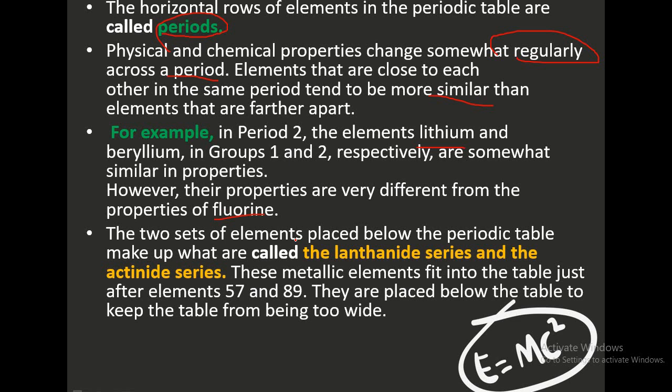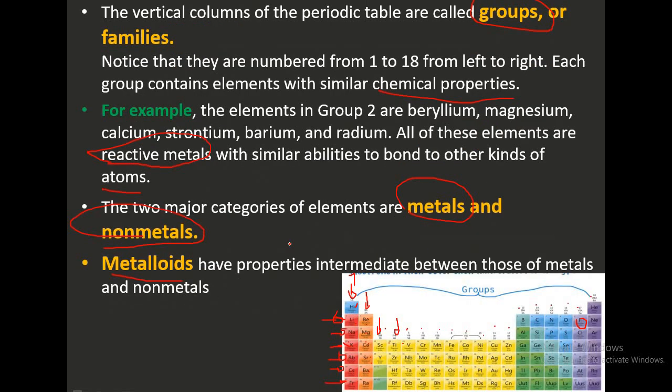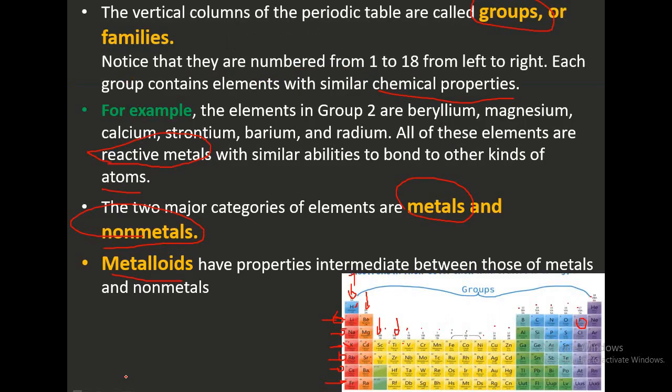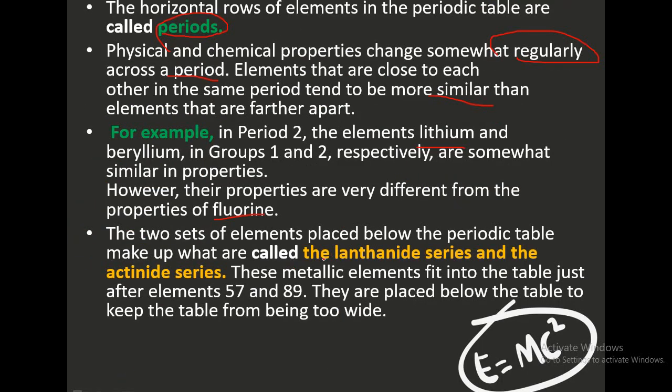The two sets of elements placed below the periodic table make up what are called the lanthanide series and the actinide series. So we have two rows of elements called lanthanide and actinide. These metallic elements fit in the table just after elements 57 and 89, between 57 and 89.